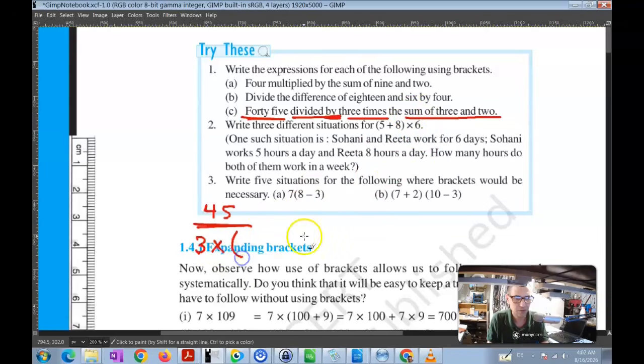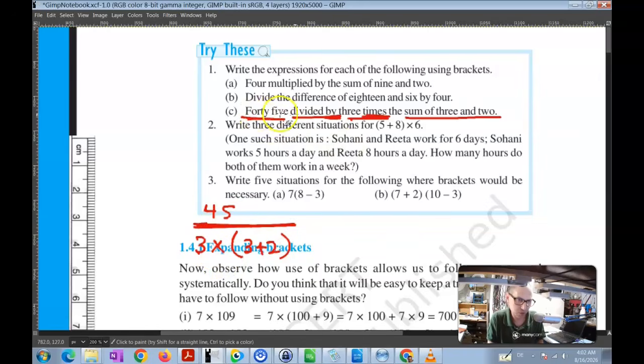When you say the sum of 3 and 2, that means 3 plus 2. And when you say times, of course, that means multiplication. And that's the expression that we have.